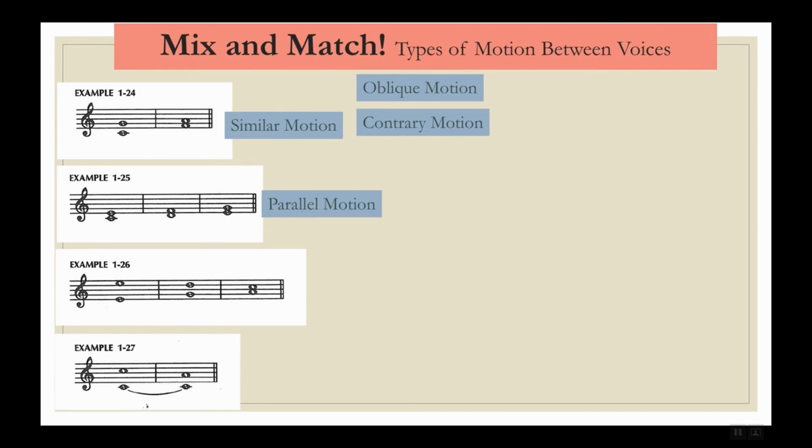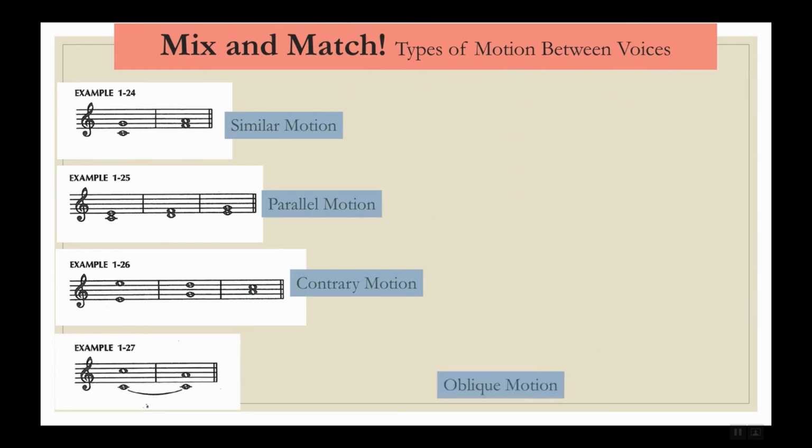Top voice is going down. Bottom voice is going up. So it's contrary motion. I gave it away. And the last one, presumably that one's going to be oblique. Otherwise, I don't know. We're running out of words here. One voice staying the same. The other one, yep, that should be oblique.